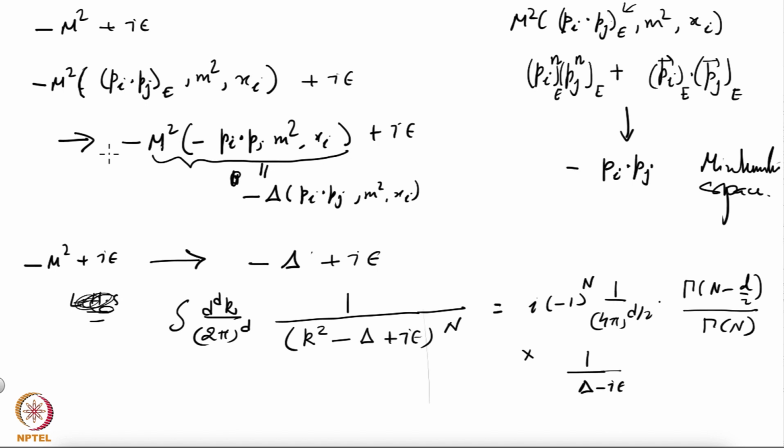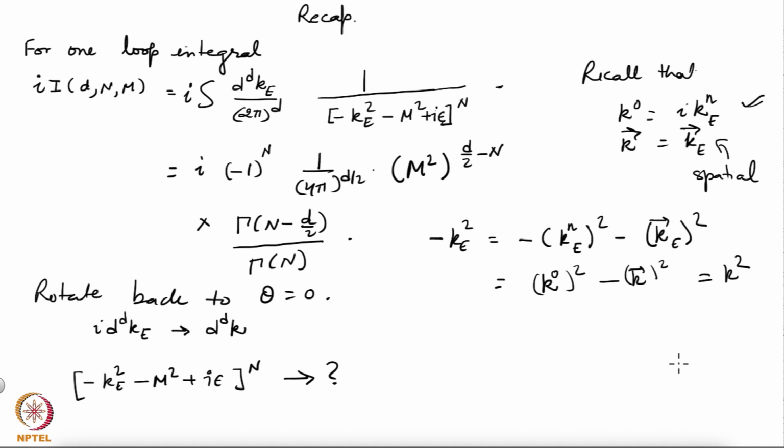Here I will just explain why there is a minus epsilon. Here you see this is minus m square. So, whatever is in front of this minus is what enters here.